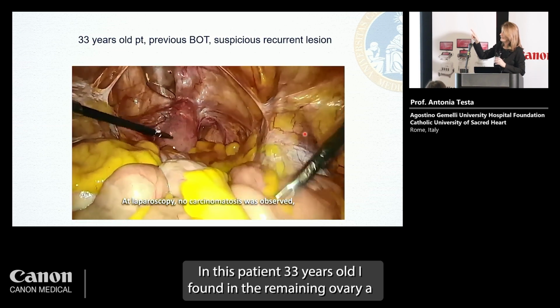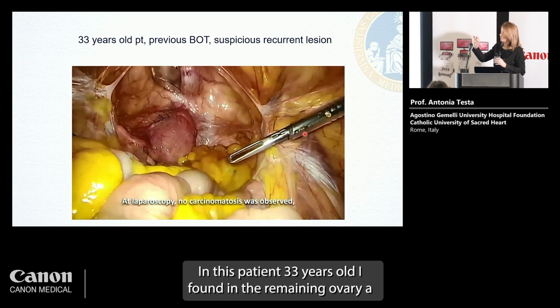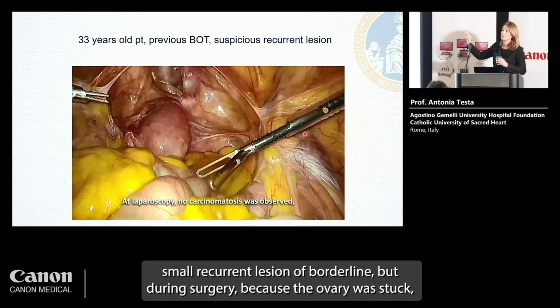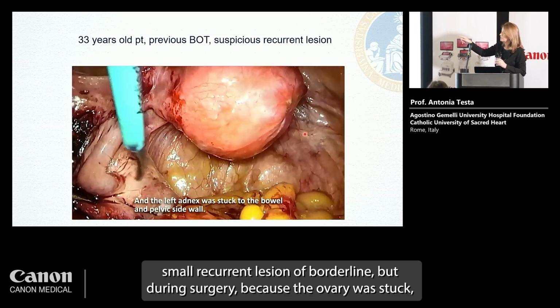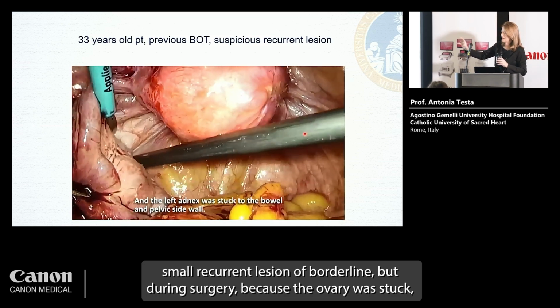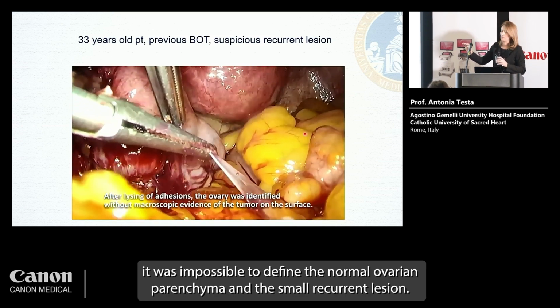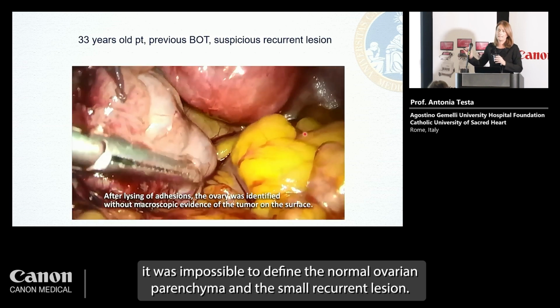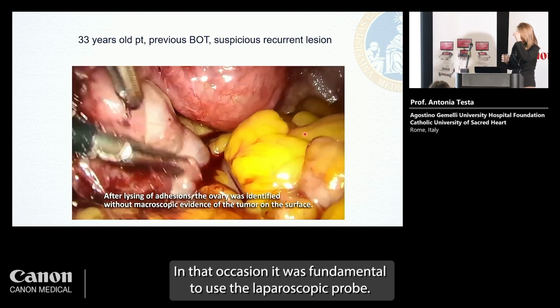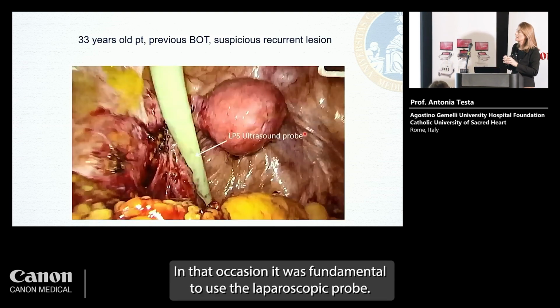33 years old, I found in the remaining ovary a small recurrent lesion of borderline. But during surgery, because the ovary was stuck, it was impossible to define the normal ovarian parenchyma and the small recurrent lesion. In that occasion, it was fundamental to use the laparoscopic probe.